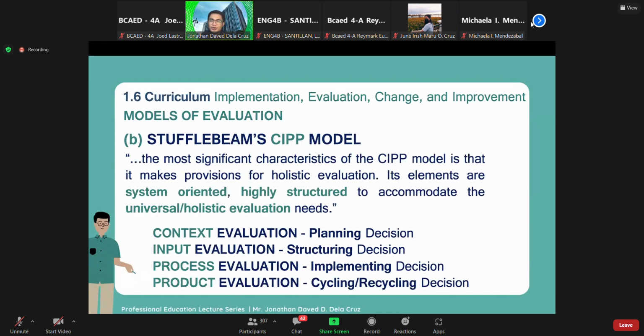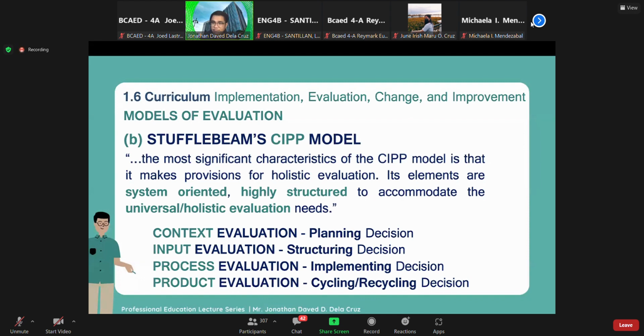We also have the Stufflebeam CIPP model. The most significant characteristic of the CIPP model is that it makes provisions for holistic evaluation. In fact, ang CIPP model, ginagamit din ito hindi lang sa educational systems, it is also used in other managerial and organizational institutions, other business institutions rather. Its elements are system-oriented.